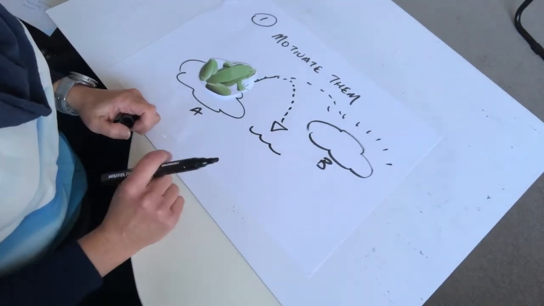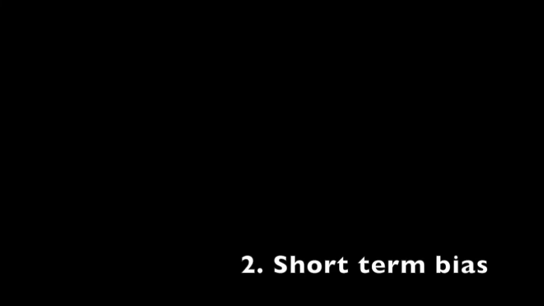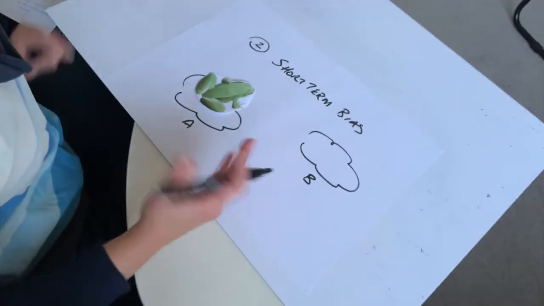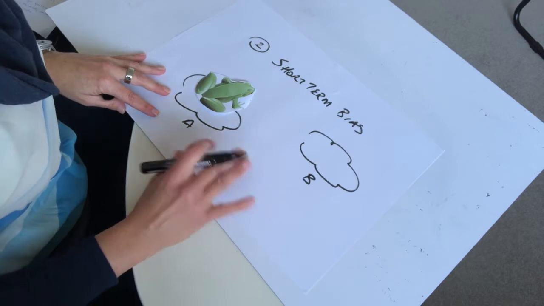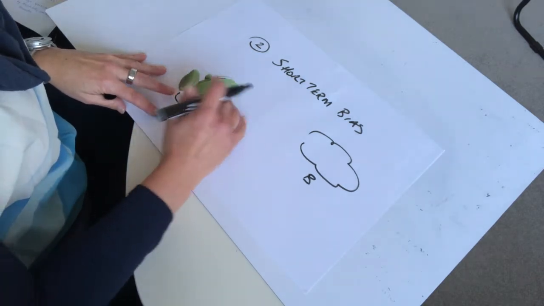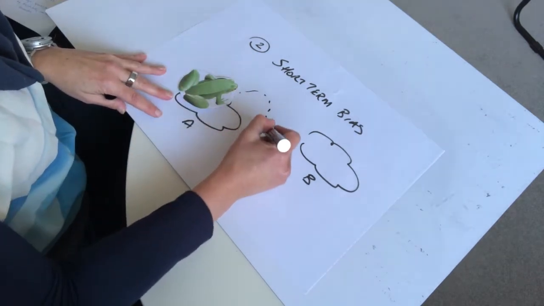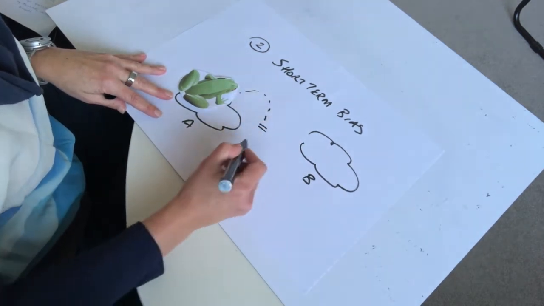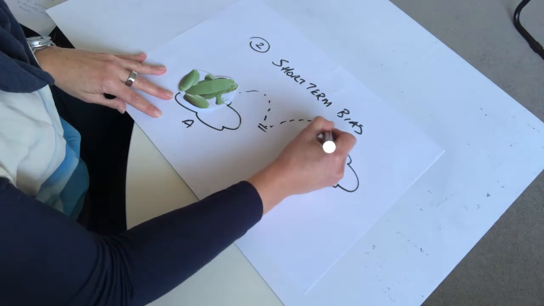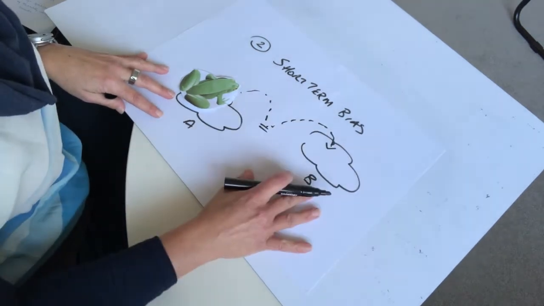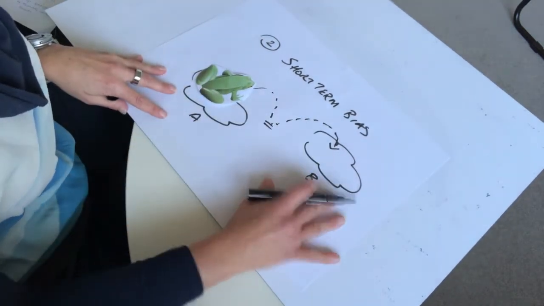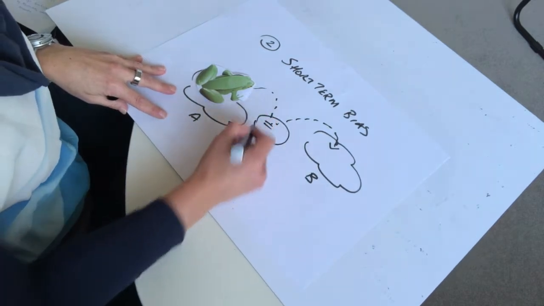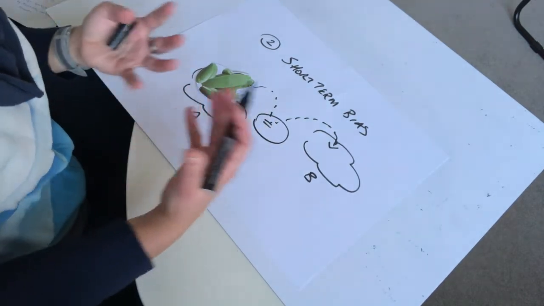So let's look at strategy number 2. We try and account for the decline in motivation by instead building in short-term rewards along the way, so that their motivation continues and is enough to get them from lily pad A to lily pad B. So what do I mean? That means things like short-term rewards.